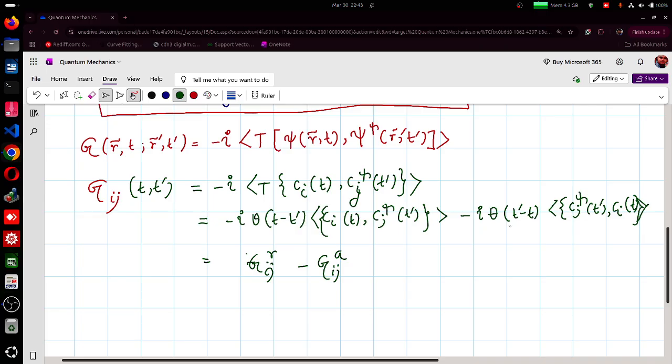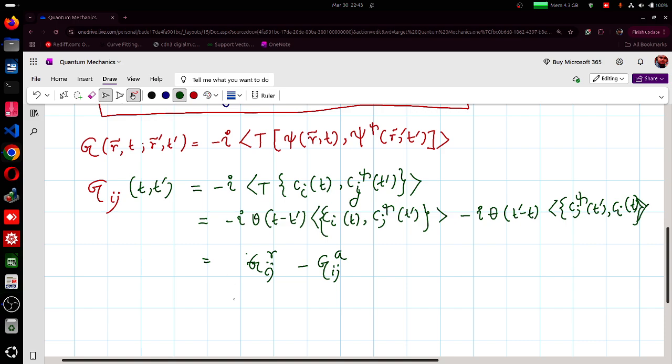And what does the second term represent? The advance. That is, we are going to see the response of the system after making the perturbation at some future time, which is very unphysical. So we are not interested in this advanced Green's function, right?